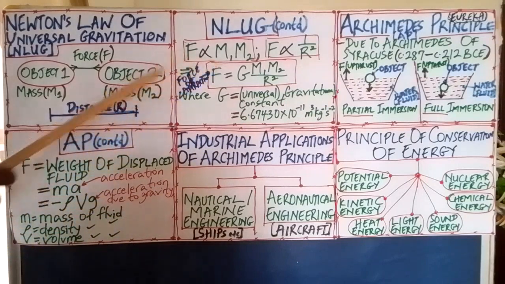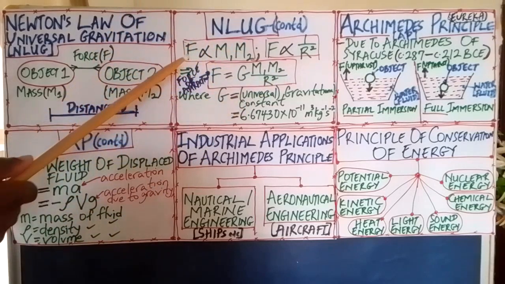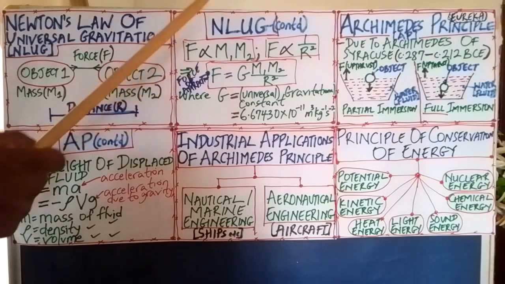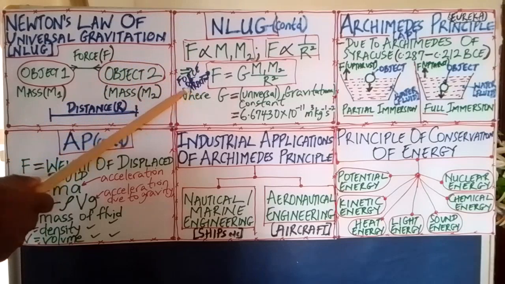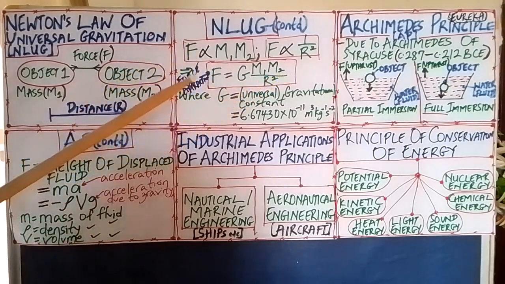So the force of attraction between any two objects in the universe, wherever the two objects are, especially objects with large masses, can be denoted by F is G m1 m2 all over r squared. That's the force of attraction.